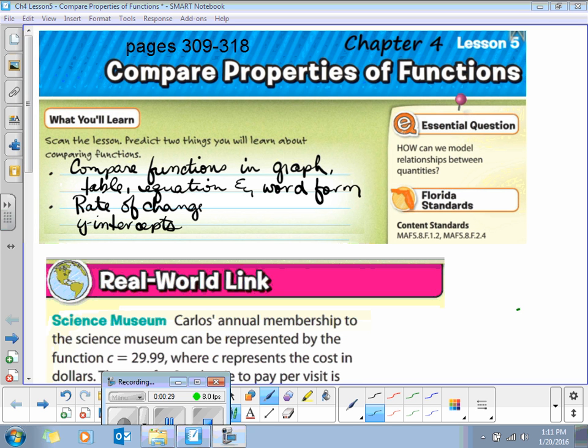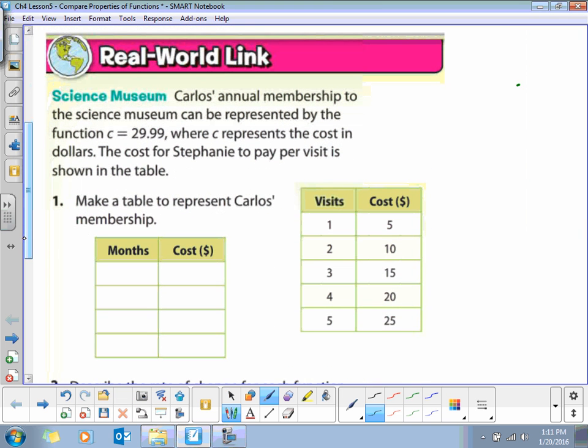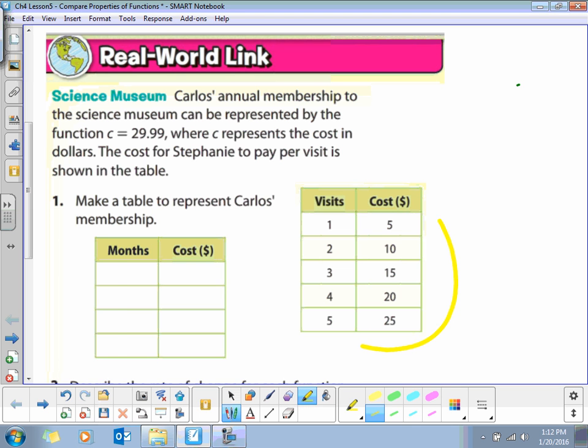Okay? So let's take a look at this real-world link. What two forms of functions do we have here? We have a function here in table form, right?